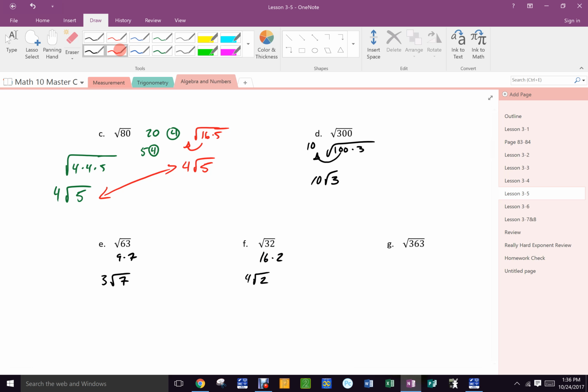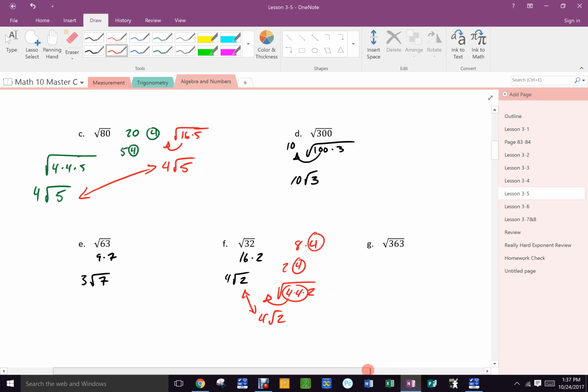So a few of you probably needed to go 8 times 4, right? And then you stop at 4 because it's a perfect square. Then 2 times 4. Stop at 4. So you know that's 4 times 4 times 2. Is there a group of 2? Yeah. So what comes out? 4 root 2.